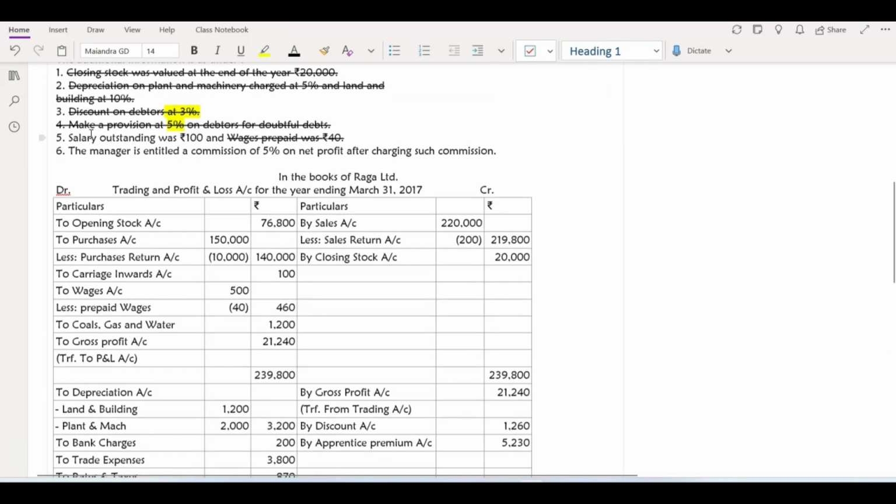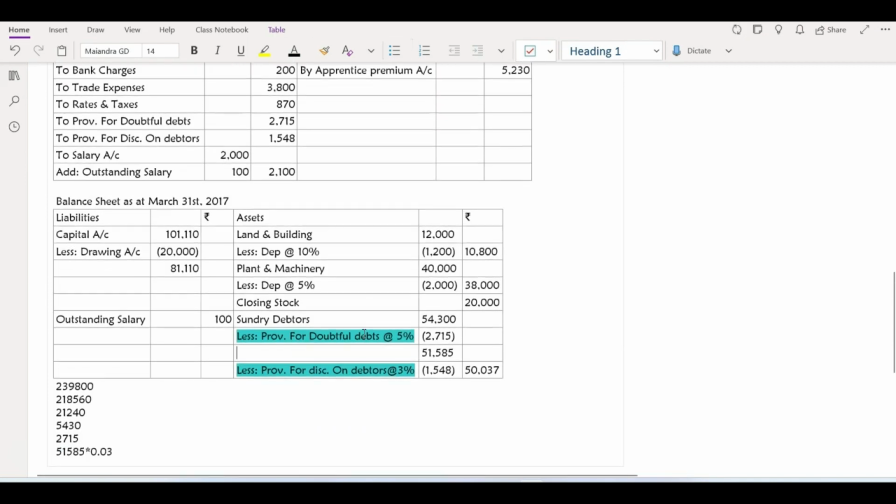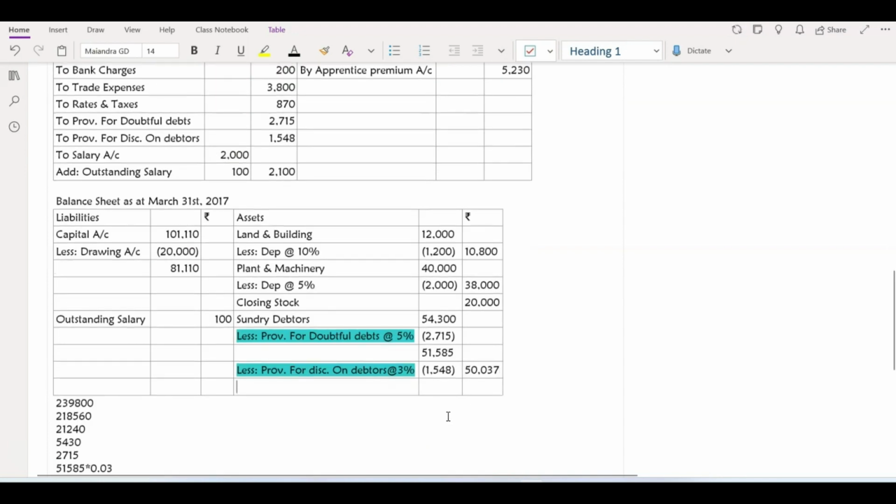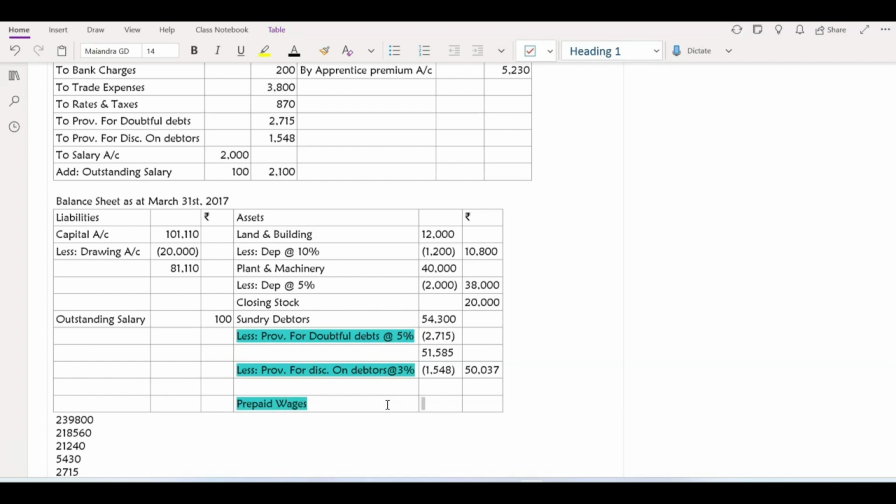And outstanding salary is done, but wages prepaid. Oh my God, we had crossed it out, but we had not written this wages prepaid. All right. So after this, I have left 3 items. So bills receivable will come, and then prepaid wages of 40 rupees.